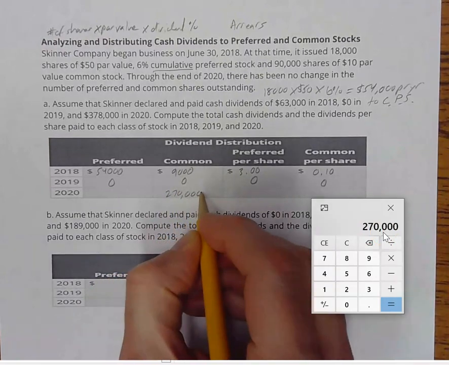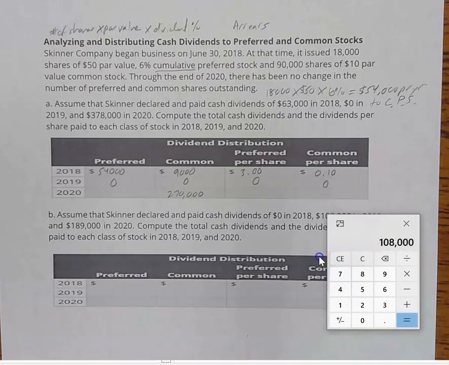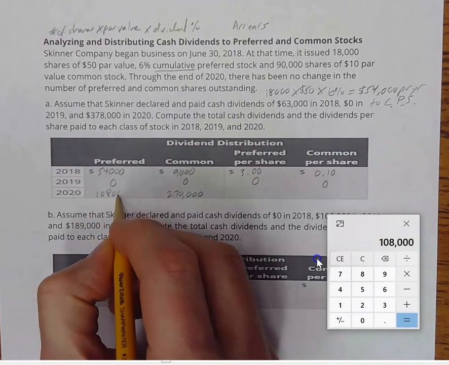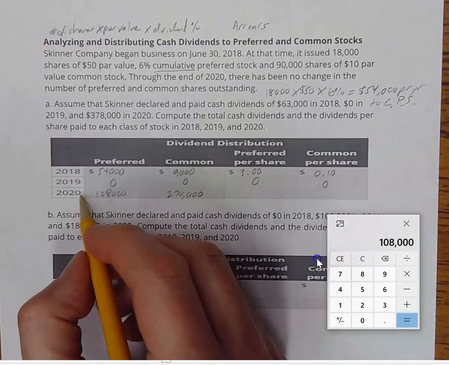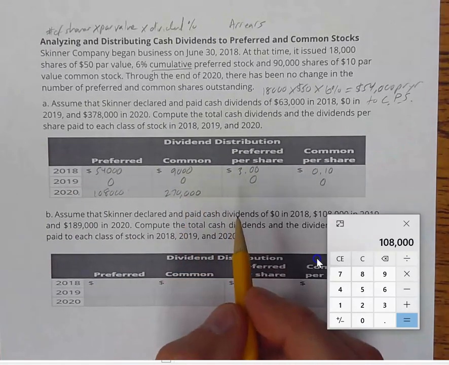Not bad, huh? And the preferred stockholders are going to get 54 for the current year plus 54,000 for the previous year. And at this point, we no longer have any dividends in arrears. So 108,000 to the preferred stockholders for what was owed in 2020 and 2019. All the rest to common stock.